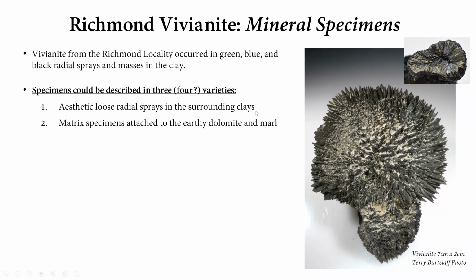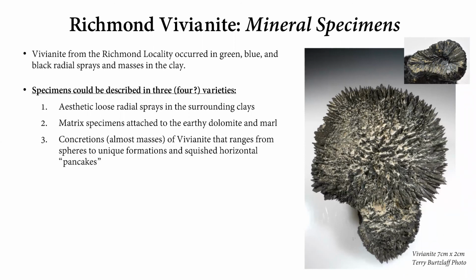A lot of mineral collectors know that matrix specimens are always something we look for when we're looking at a location because it adds some contrast. And in this case, with the Vivianites from Richmond, you had that tan and that black, and that really created a very beautiful contrast between the 2 different colors, and that made the specimens a lot more valuable with collectors.